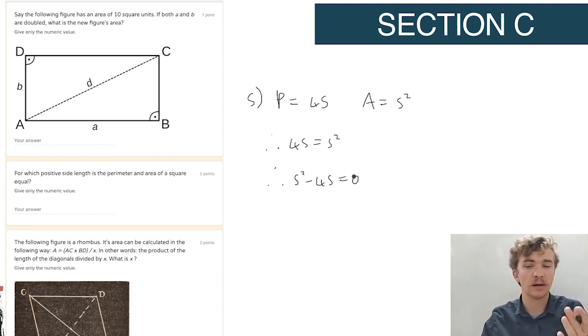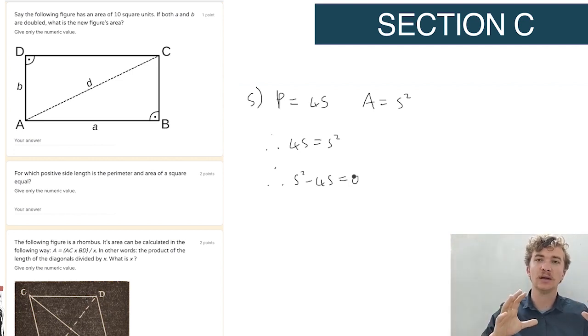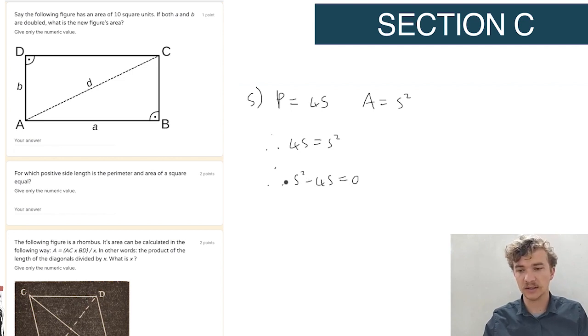From grade 9 on, as soon as you see an equation with a square and another x, or y squared and another y, you should immediately know: put everything on the one side of the equation, so you get 0 on the other side, and then factorize. So S squared minus 4S is equal to 0.